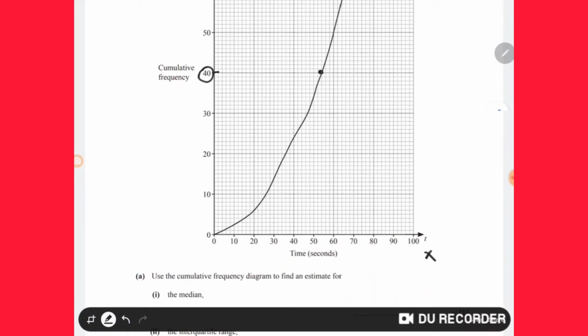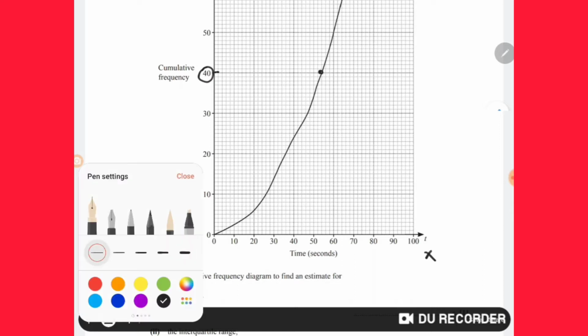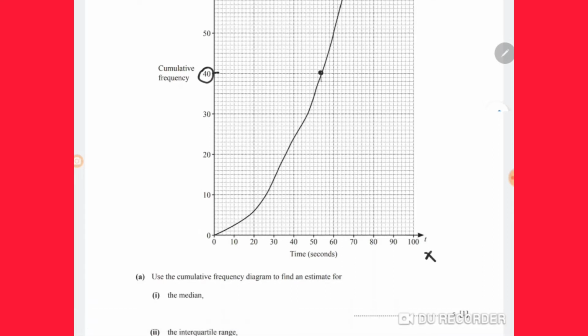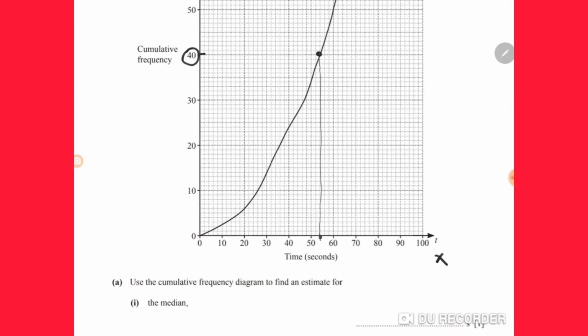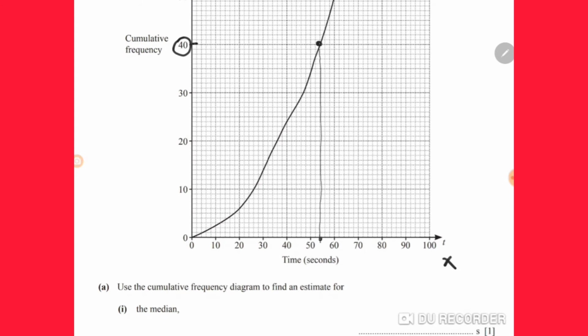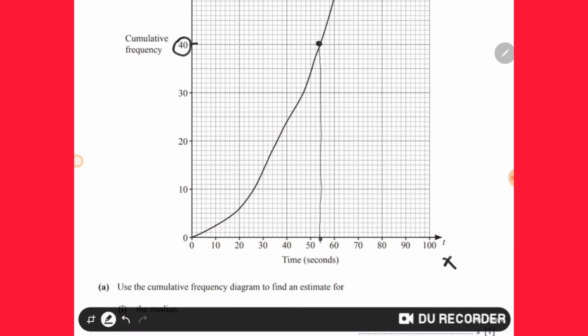Then you go down, and you have here. How do you read the number here? Remember, in this scale, one box represents 2, so 2, 4, 6, 8, 10.